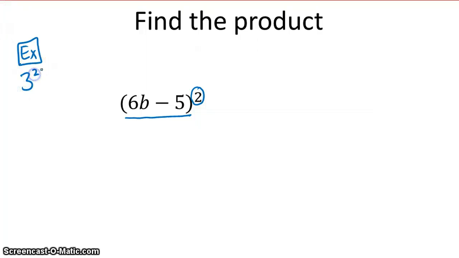If I ask you to do 3 squared, hopefully you're thinking that is 3 times 3. Okay, when you square something, it means to multiply it by itself. So in this case, that would be 9. It's no different when you're taking a binomial squared. This is saying take 6b minus 5 times 6b minus 5.